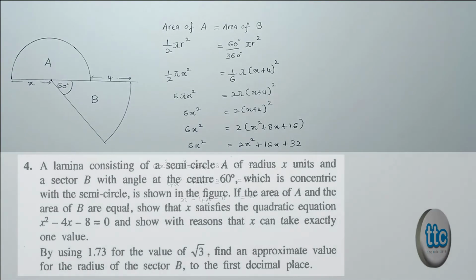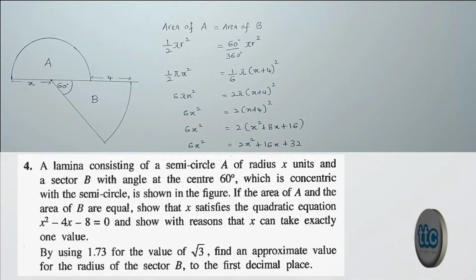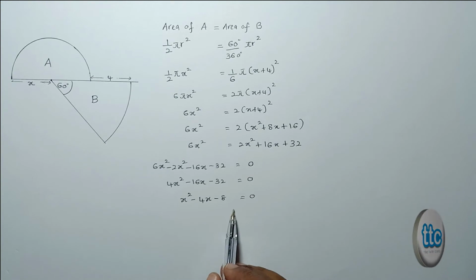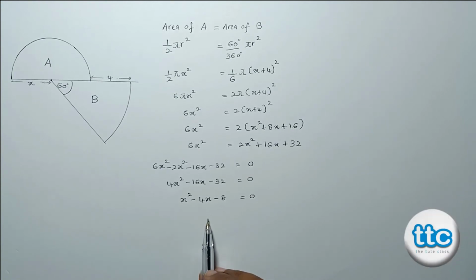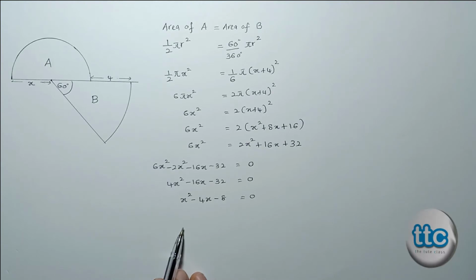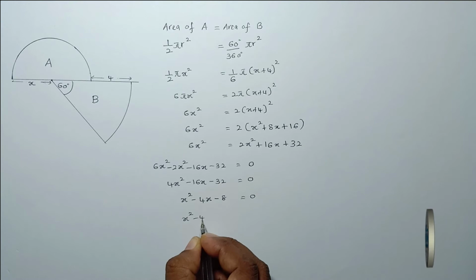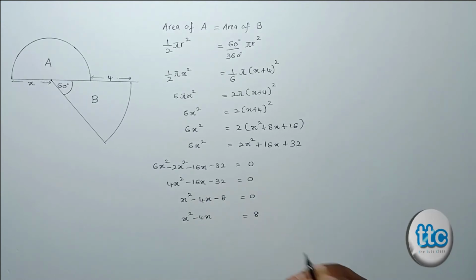The next part of the question says, show with reasons that x can take exactly one value. So how do you show it? To solve this equation, you can use either the completing the square method or the quadratic formula. Here I will use the completing the square method. x squared minus 4x, I will take the minus 8 to this side, it's plus 8.